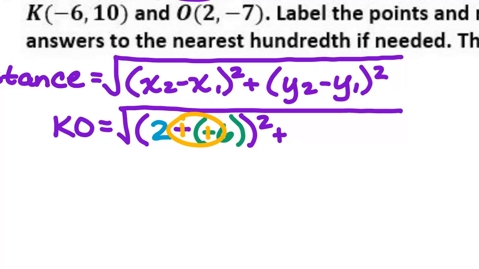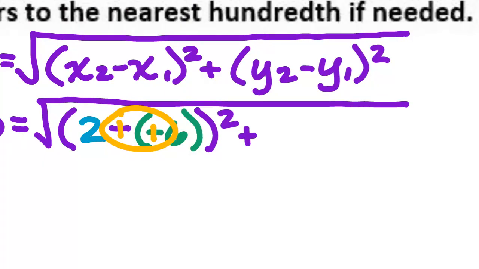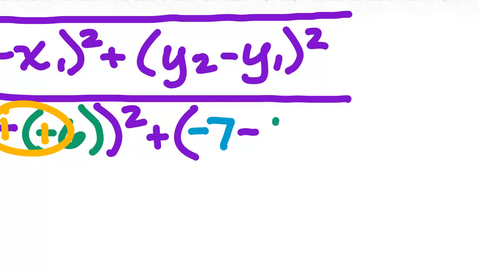All right, next set of parentheses. Now we're looking at the y's. What is my y2? Negative 7 minus my y1, which is? y1 is positive 10. So negative 7 minus 10. And then close the parentheses and square it.